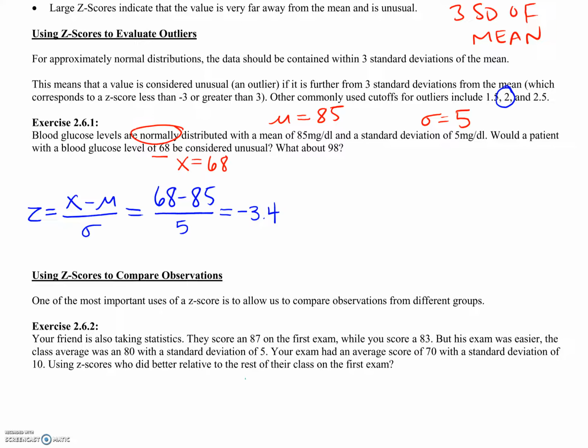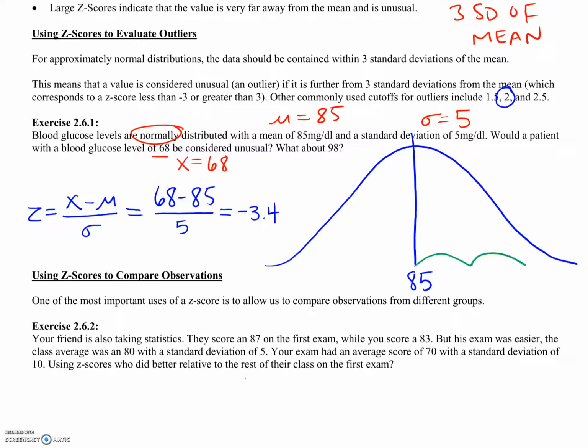So that we can visually see what this z-score means, let's think about our normal distribution. Normally distributed, remember, means it has a bell shape. It's unimodal. It's symmetric. If something is symmetric, that means the mean is smack dab in the middle, right? So our mean is at 85. Now, these standard deviations: we know from the standard deviation section that most of our data is within 3 standard deviations of the mean.